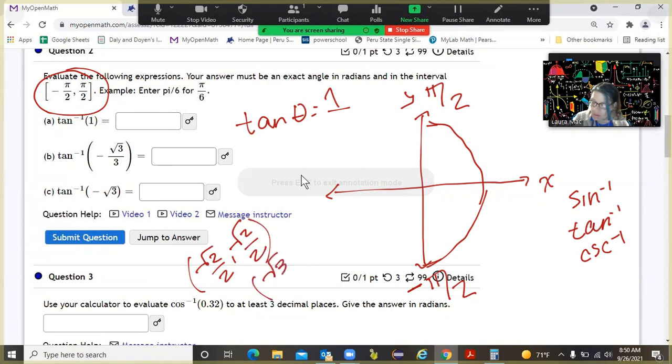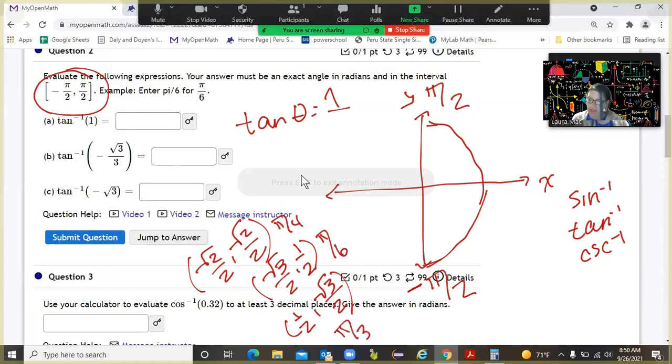We've got a root 3 over 2, 1/2, and we've got a 1/2, root 3 over 2. All right, so this we know occurs at the pi over 4s, this occurs at the pi over 6s, and this occurs at the pi over 3s.